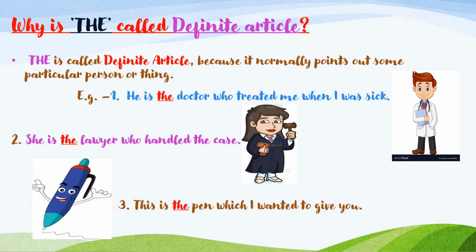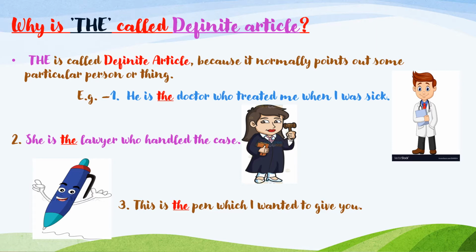Look at the first example. He is the doctor who treated me when I was sick. Here I am talking about the doctor. But when I explained indefinite articles, I just mentioned a doctor. What is the difference between a doctor and the doctor? A doctor means any doctor, but the doctor means a specific doctor.